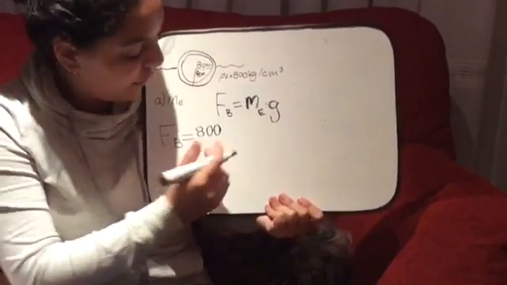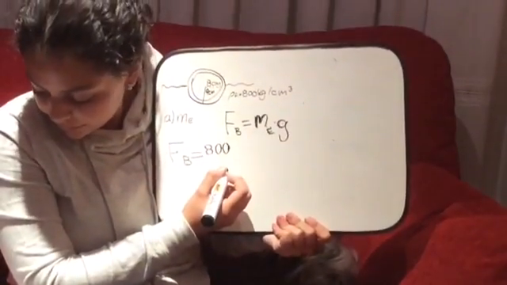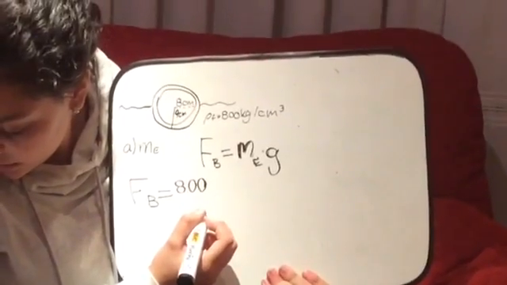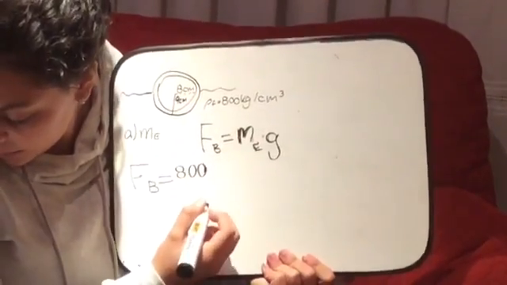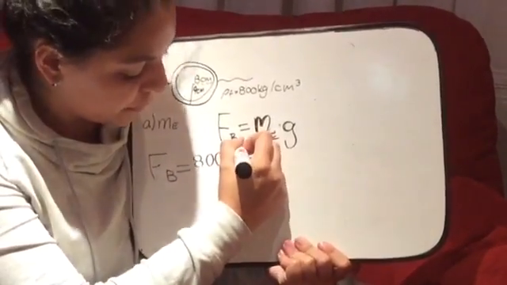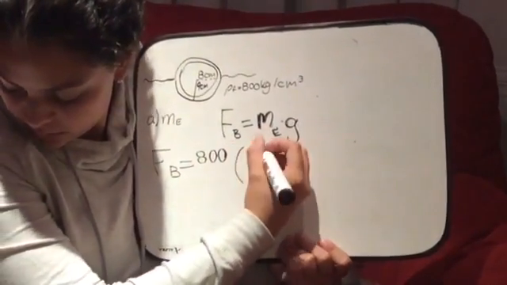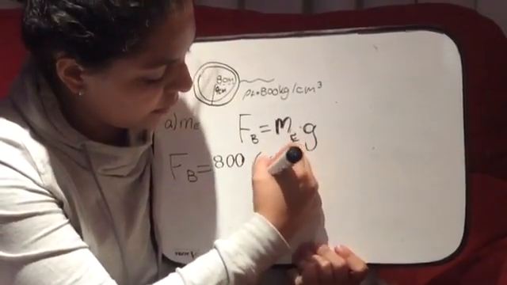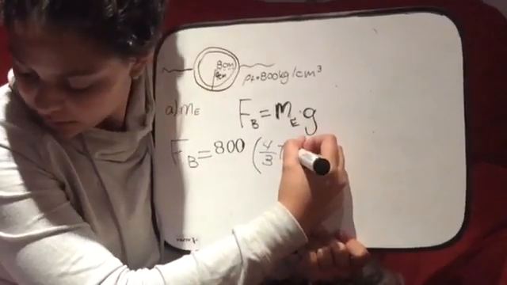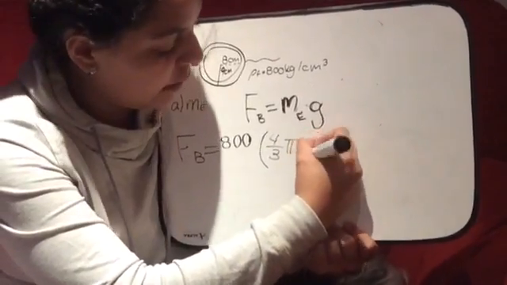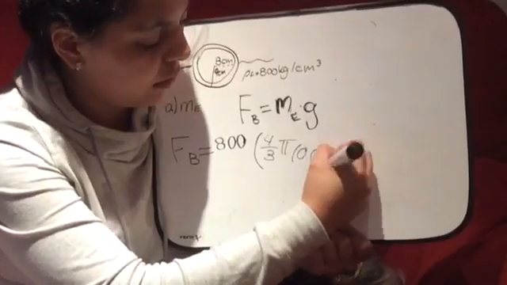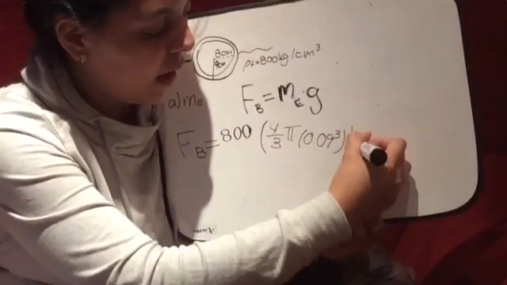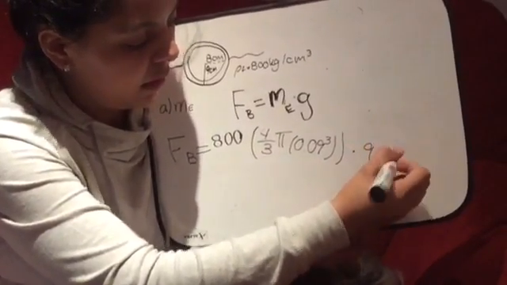So we know that the volume of a sphere is equal to 4/3 of pi times the radius to the third. So this is the volume we are going to use, and then we can multiply it times gravity.